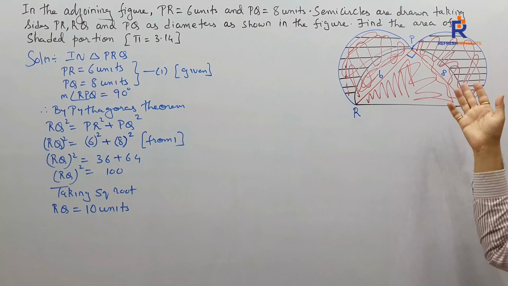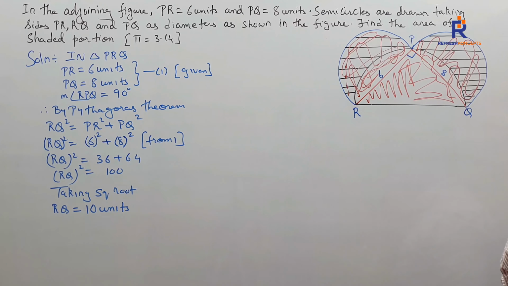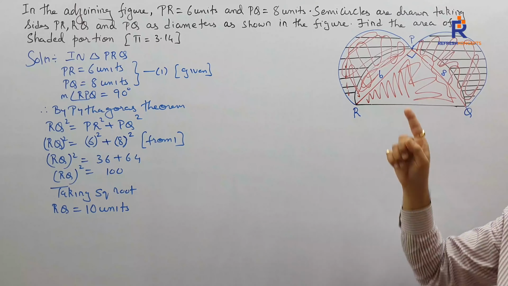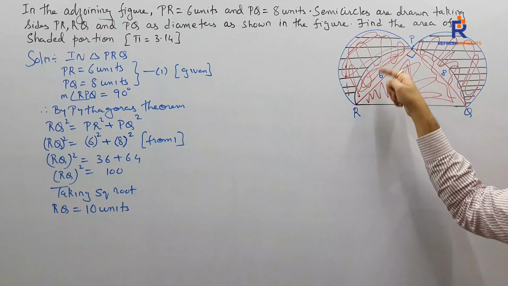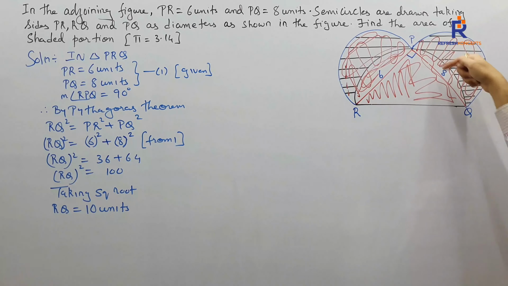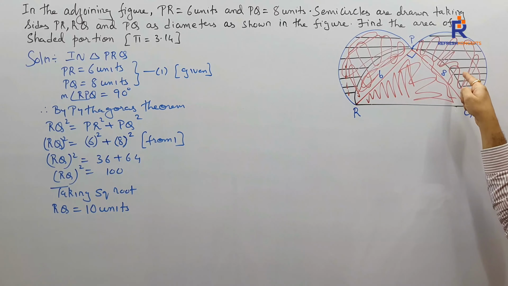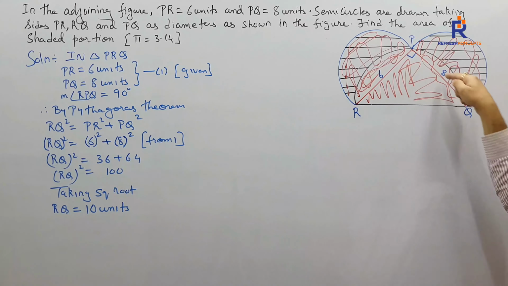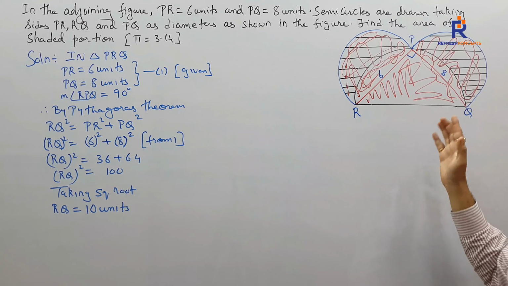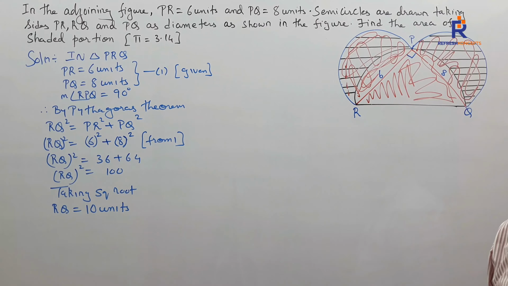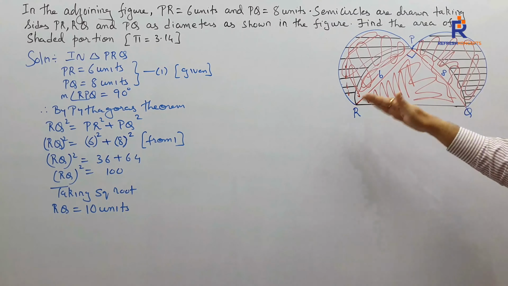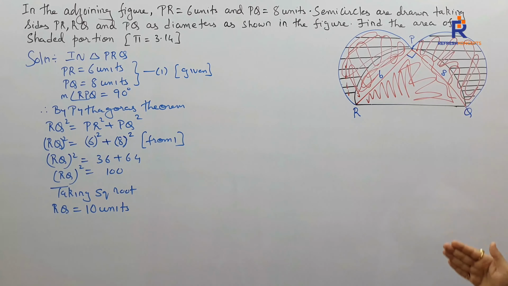Your figure is so messy. I want you people to understand. What did I do? I found the area of the semicircle with PR as a diameter. I found the area of the semicircle with PQ as a diameter. I found the area of triangle PRQ, the right angle triangle. I add all three. On adding all three, you are going to get the entire figure. But that's not your question.